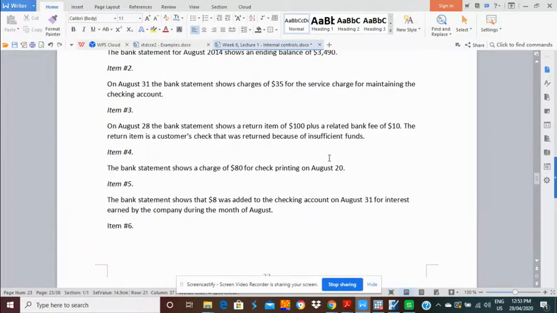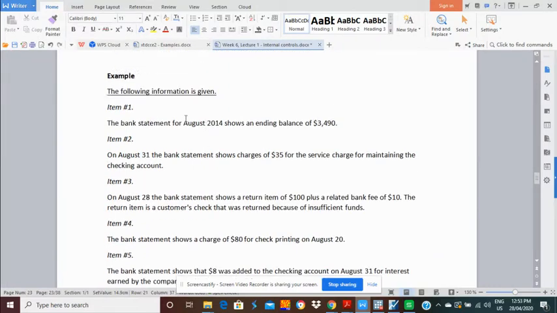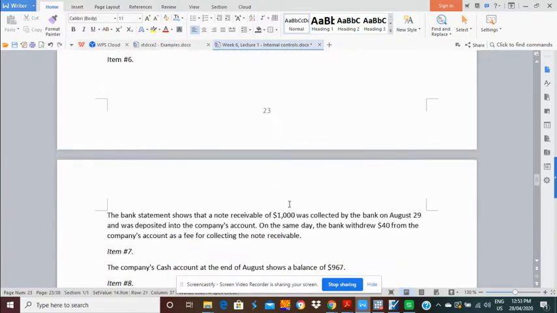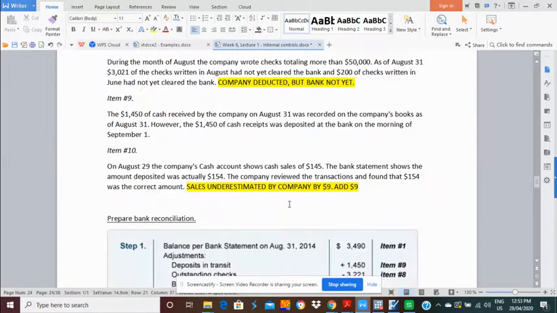Just a moment. What item is that? I think it's item number 9. So 1,450 was deposited at the bank on the morning of 1st of September. But on 31st of August, the company already recorded it, which means the bank has not recorded it yet. Therefore, 1,450 must be added.